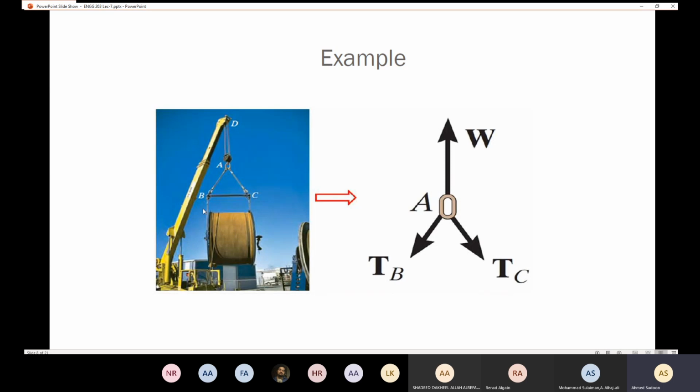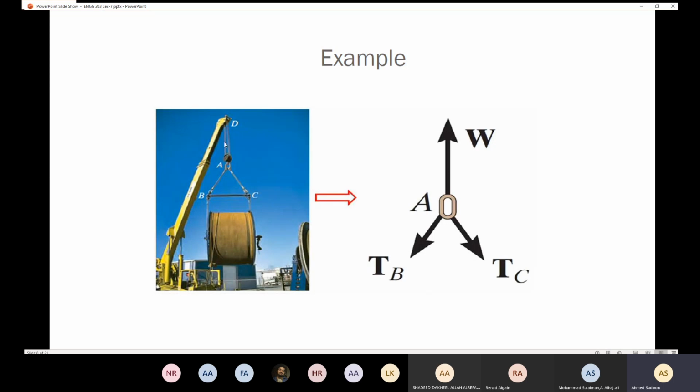For example, if we are dealing with a crane which is holding a load here, and we want to draw the free body diagram for particle A, the ring here, then I'm going to draw the particle here, and I'm going to show the forces acting on that particle.